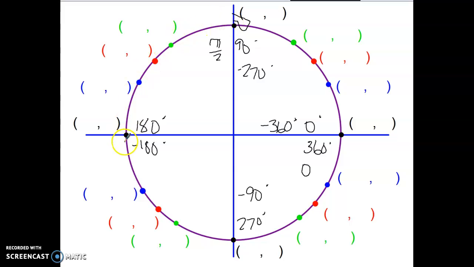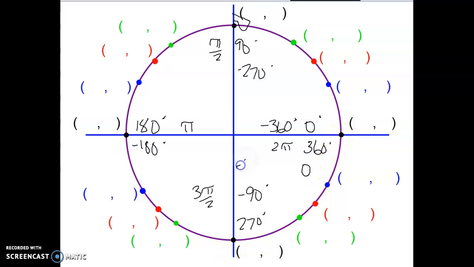And every time I go a quarter of the way around, I'm going to get an additional pi over 2. So pi over 2 plus pi over 2, 2 pi over 2, which is pi. All right, so 2 pi over 2 and an additional pi over 2, that's 3 pi over 2. And 3 pi over 2 and one more pi over 2, that's 4 pi over 2, which is 2 pi. All right, and then if we go the opposite way, let's do those negative radians going this way.